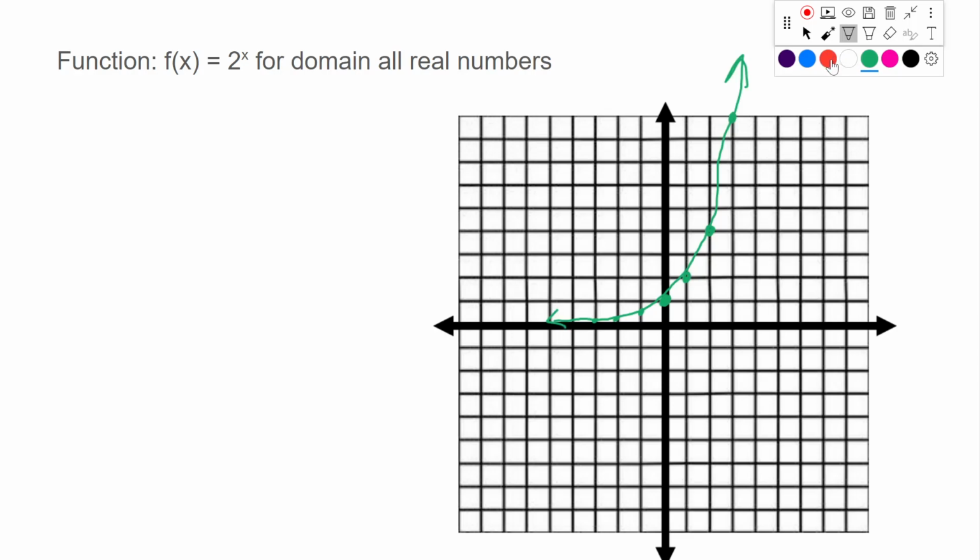Now its inverse I'll do in red. So instead of (0, 1), we'll be at (1, 0). Instead of (1, 2), we'll be at (2, 1). Instead of (2, 4), we'll be at (4, 2). Instead of (3, 8), we'll be at (8, 3).